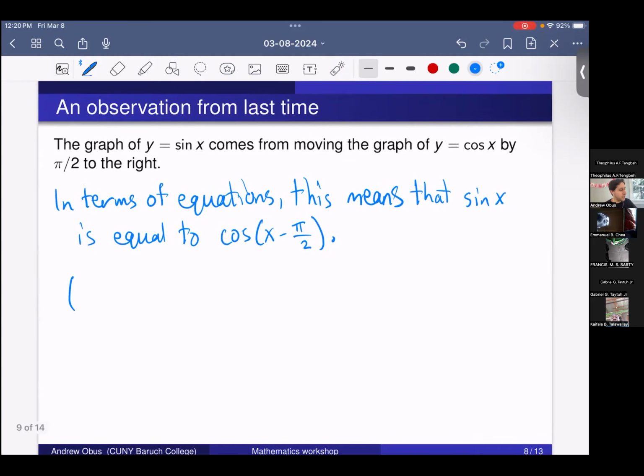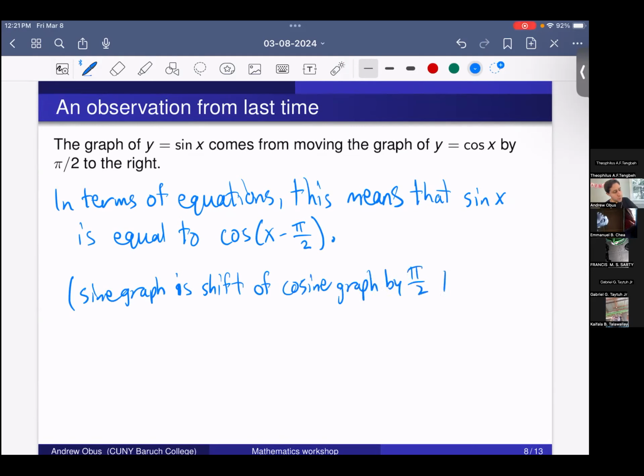Because this tells us that the sine graph is the shift of the cosine graph by pi over 2 to the right. If I take my cosine graph but plug in x minus pi over 2 instead of x, that shifts the graph to the right.